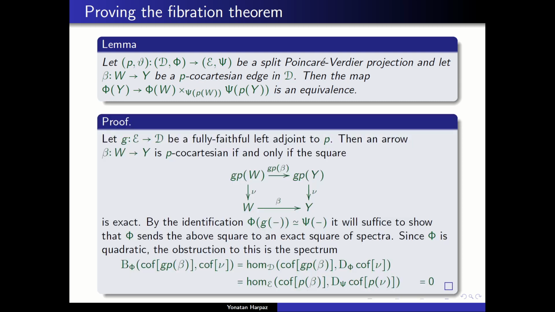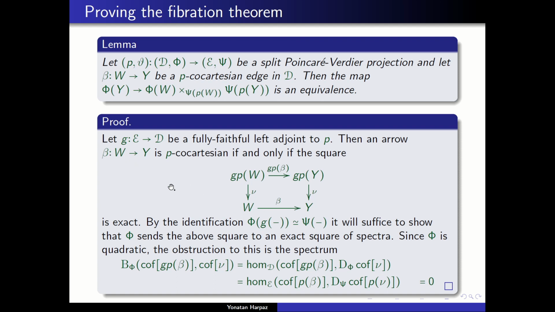Let us indicate the proof of this lemma. Since we assume that P theta is a split Poincaré-Verdier projection, in particular, we know that P has a fully faithful left adjoint G. In this case, we can characterize the P co-Cartesian edges in D in the following explicit manner.